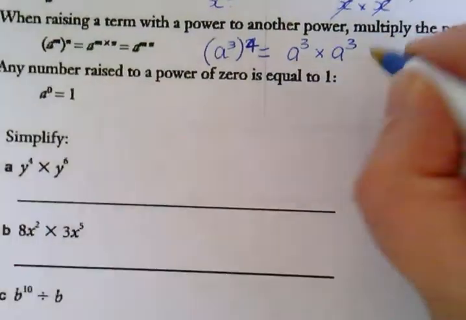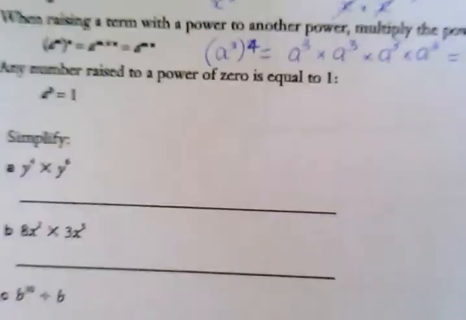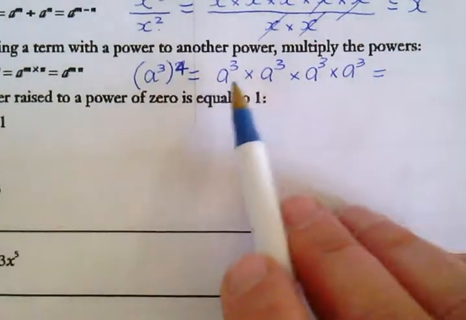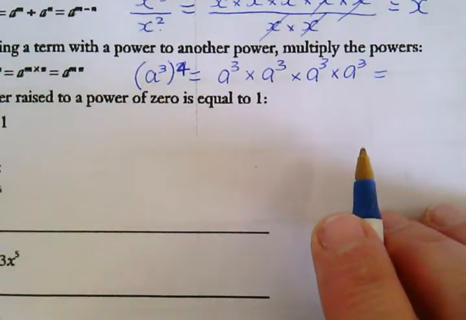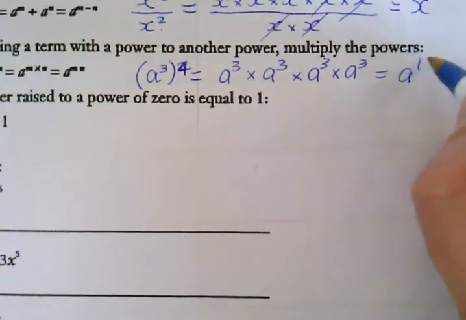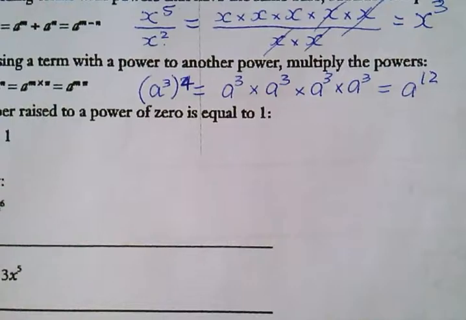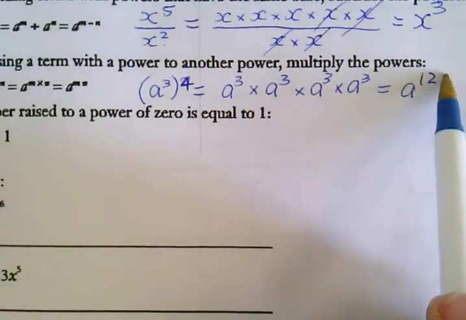If it's to the power of 4, don't I do a cubed times itself a total of 4 times? Yes or no? Now, if we go back to rule number 1, if the bases are the same, what do I do with all the 3's? Add them. That's a to the 12. Notice, wouldn't it have been easier to just say 3 times 4 is 12?